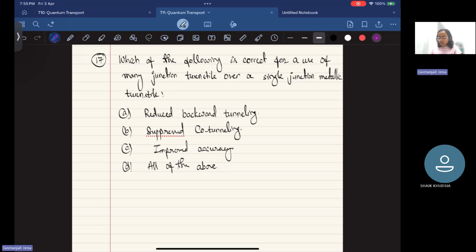Option A, reduced backward tunneling. Option B, suppressed co-tunneling. Or option C, improved accuracy. Or option D, all of the above. So why do we use many junction turnstile over a single junction metallic turnstile?